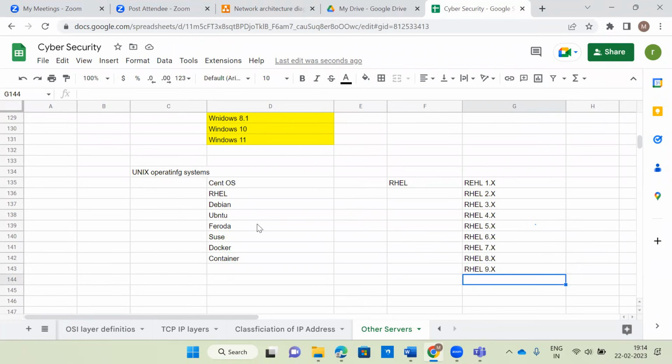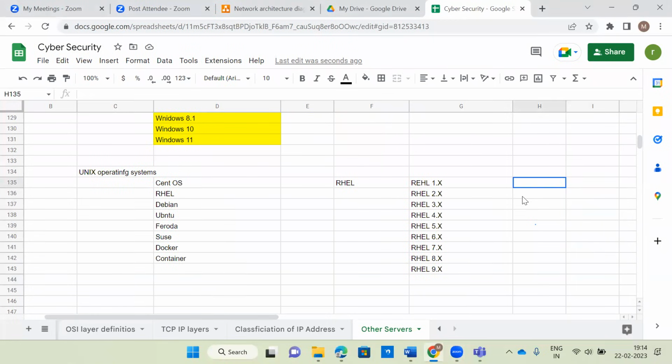In a similar way, RHEL 2.1, 2.2, 2.3, 2.4 and up to 2.9. Next one is RHEL 3.x, 3.1, 3.2, 3.3, 3.4 up to 3.9. So RHEL 1.x up to 6.x, everything is obsolete. Not 7.x, 6.x.